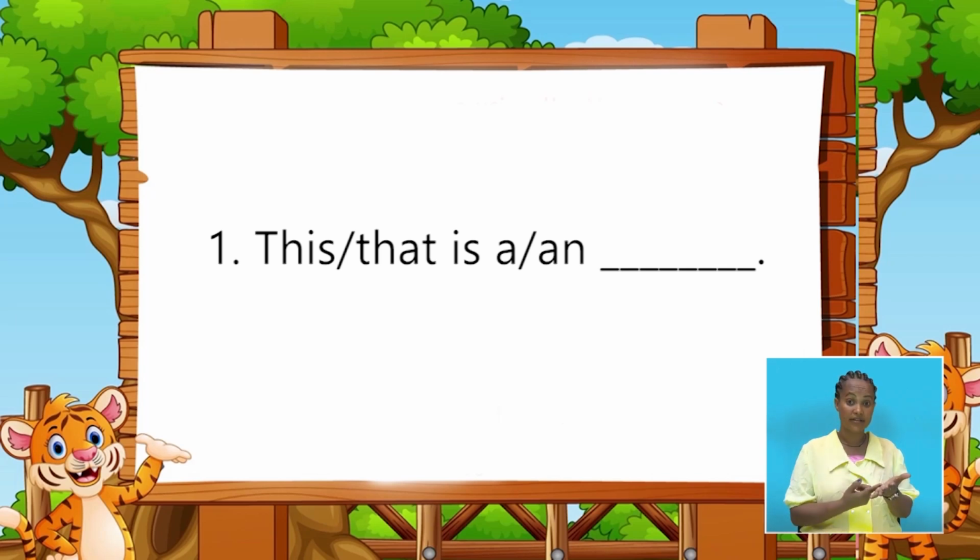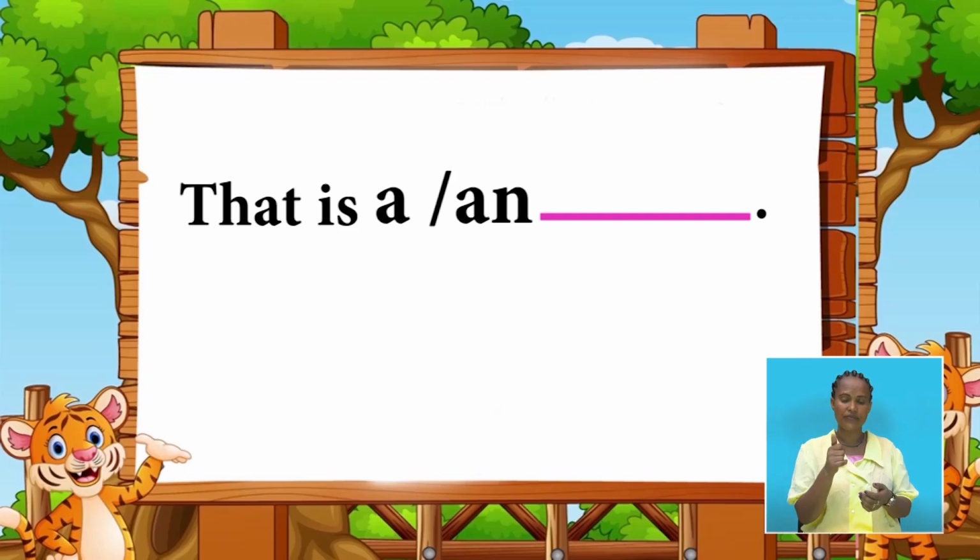This is a or an object language pattern, and that is a or an object language pattern. Look here on the table, there are some objects. Look, the objects are close to me, or I am near to them.